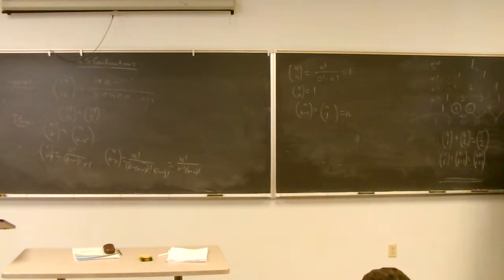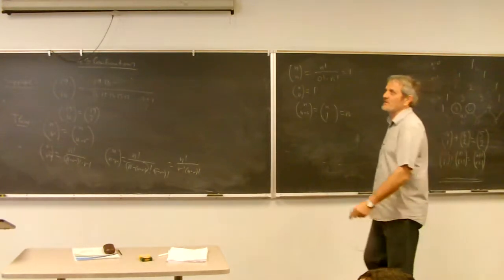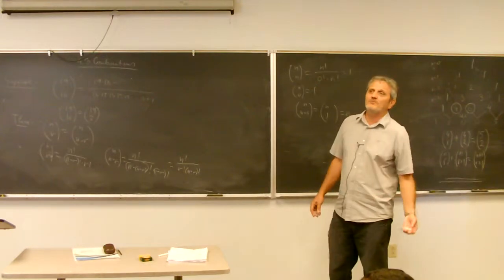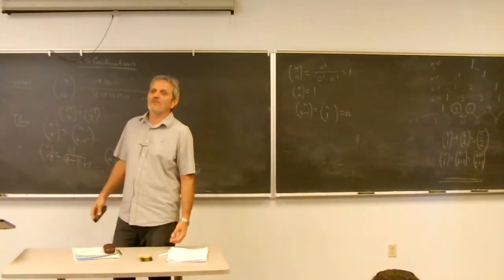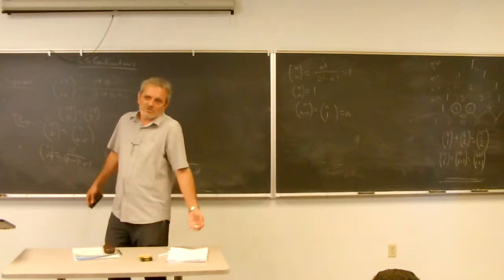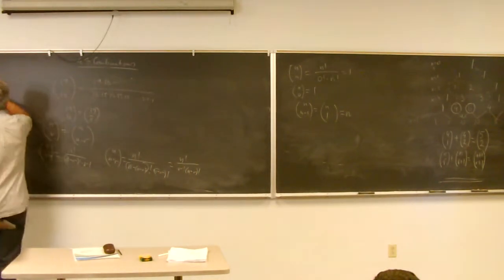Although in the formulation of the theorem, I wrote it 1 level before. So I didn't call them r and r plus 1. How did I call them? r minus 1 and r, which is the same thing. So let's prove this theorem.